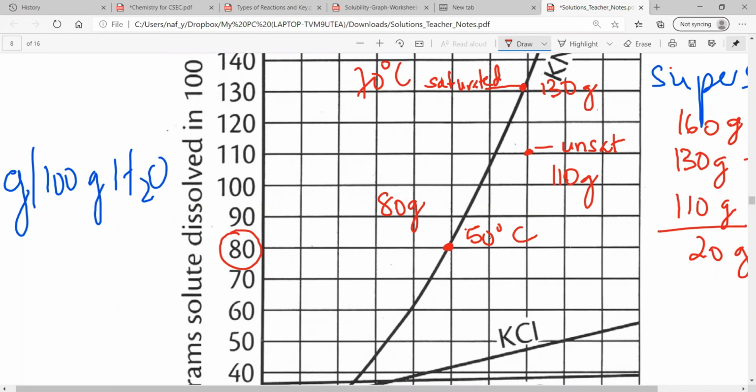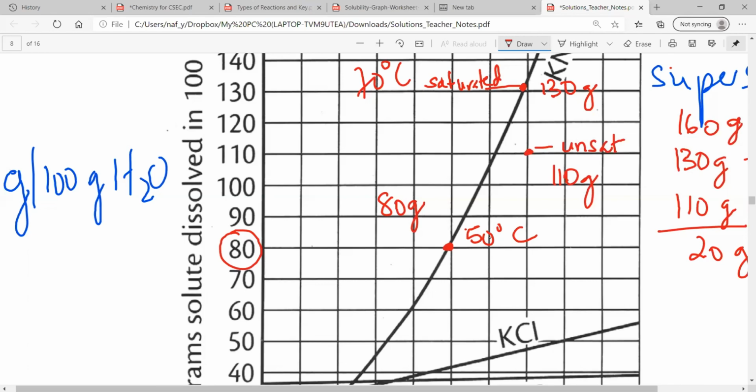So the question is, if I cool a solution of potassium nitrate from 70 degrees Celsius to 50 degrees Celsius, how much precipitate will be formed? Now, what's the idea behind this? At 70 degrees Celsius, I can get an amount being dissolved.